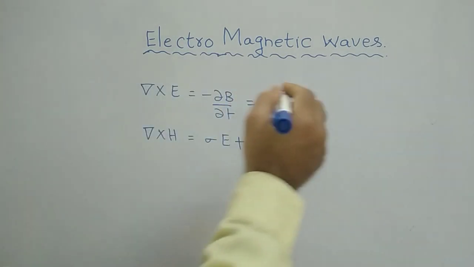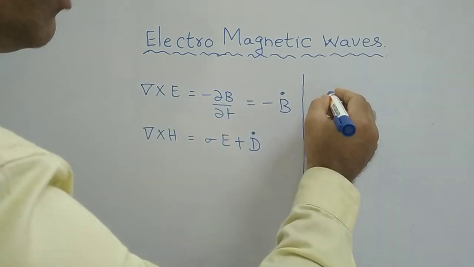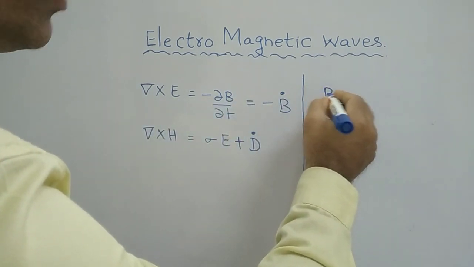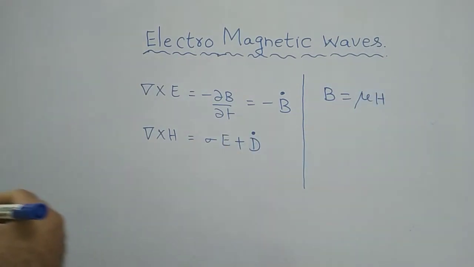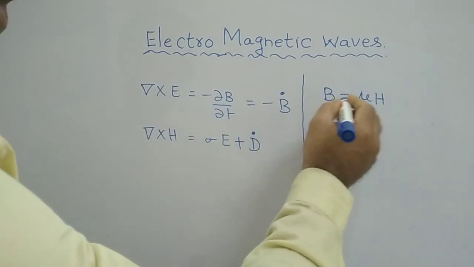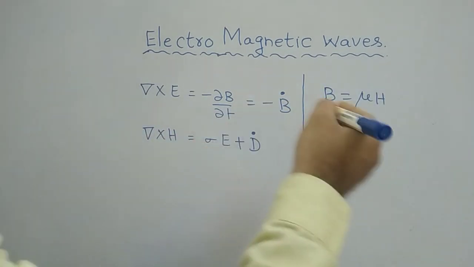Moreover, among the identities we use, we have to remember that B is equal to mu H. This is the magnetic flux density equal to permeability times the strength of the magnetic field.